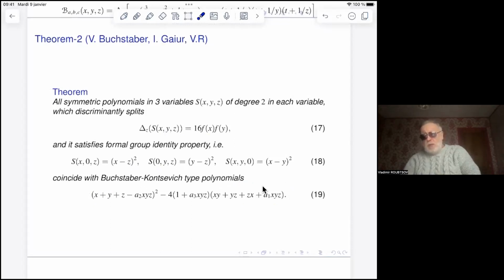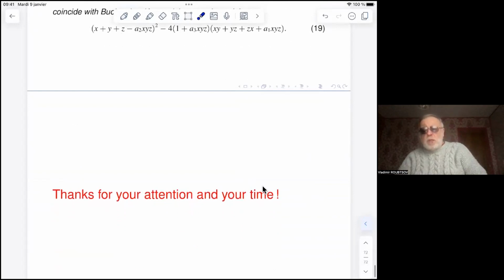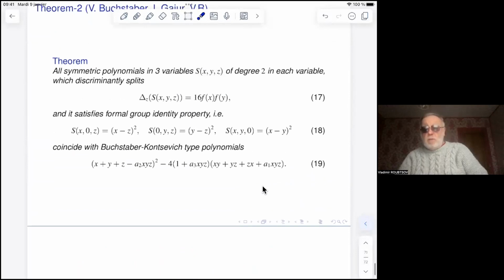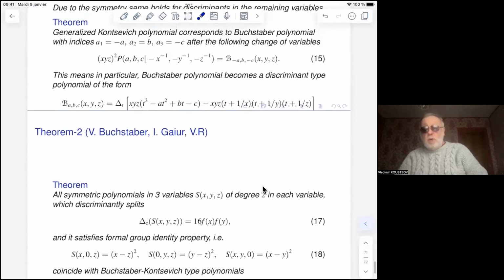So this is the polynomial of Buchstaber proved a long time ago in the theory of formal groups. That's more or less all my story today. This story is a little bit shorter than the others, but I want to finish my talk also with the following.